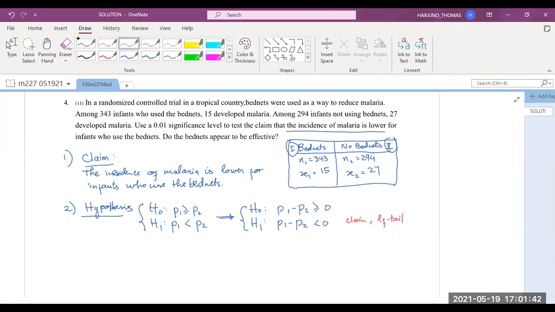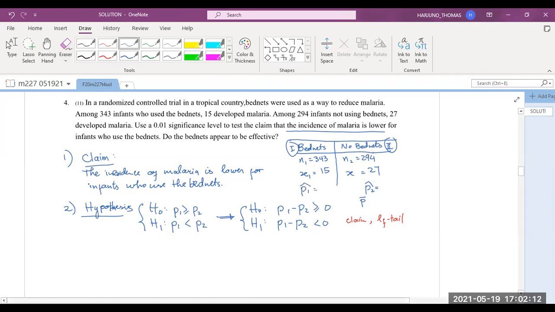Okay, now let's do further setup. We need to find the P1 hat, P2 hat, and P bar. Do you remember that? Okay, P1 hat, P2 hat, and P bar.